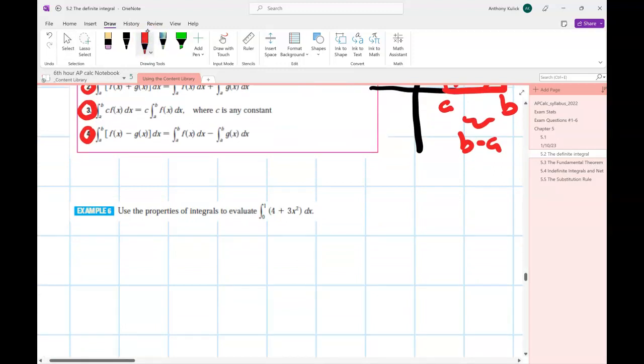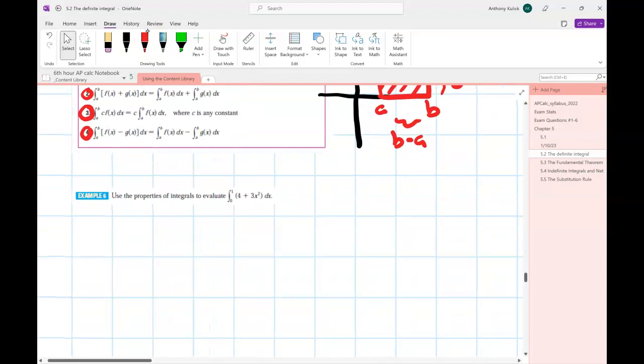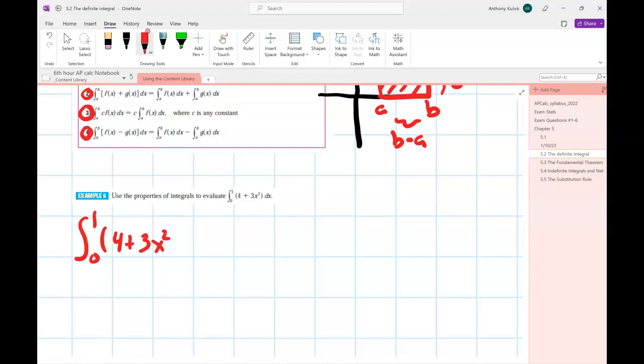So let's do example 6 here. It says, use the properties of integrals to evaluate this thing. So the first thing I'm going to do is use property 2 to distribute that integral across the sum.